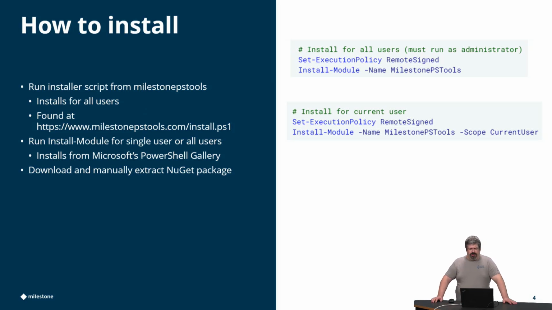So how do you install them? There's an installer script you can run from the Milestone PS Tools homepage, which you can find at milestonepstools.com. That'll install the Milestone PS Tools for all users. You can also just run Install-Module, as you can see over here on the right.